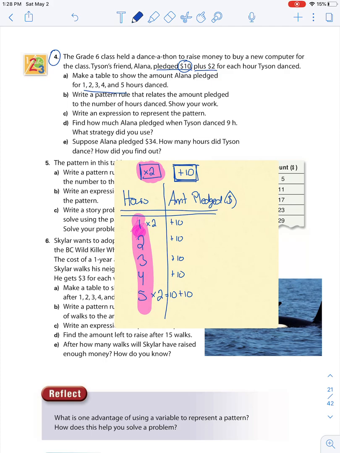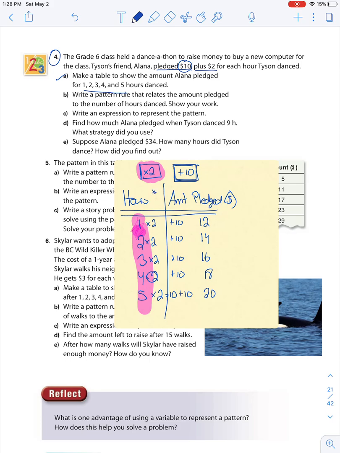Okay, so we did our table, but we haven't figured out the answers, sorry. 1 times 2 is 2, plus 10 is 12. 2 times 2 is 4, plus 10 is 14. And then 16, and then 18, and then this is going to be 20. Hopefully we're good for that one.